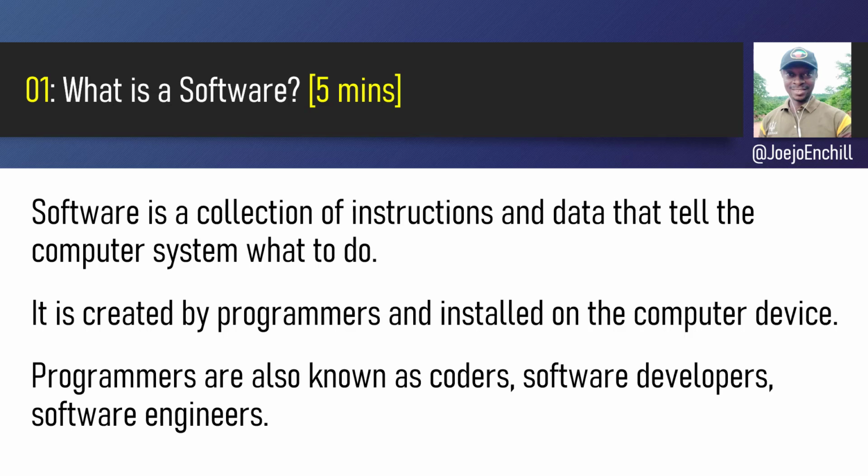So that is briefly on what is a software. It's just a collection of instructions that tells the computer system what to do, how to do, and when to do. And it's created by professionals called software developers. As simple as that.